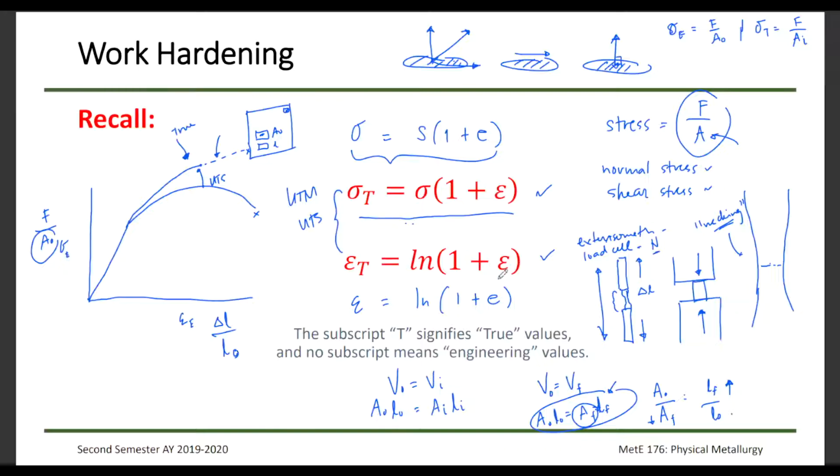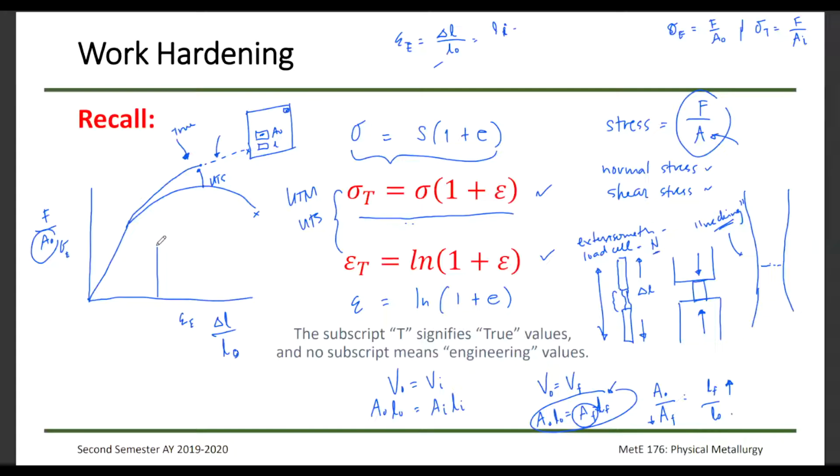For the engineering strain, the same goes. Let me erase this so I have some area. If we have sigma E, sigma E is just delta L over L naught, right? Or we can also write this as L final minus L initial instantaneous.